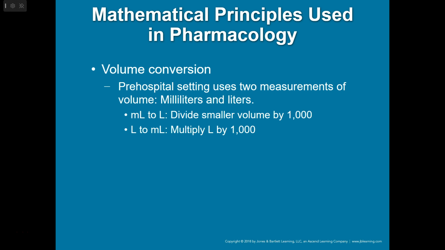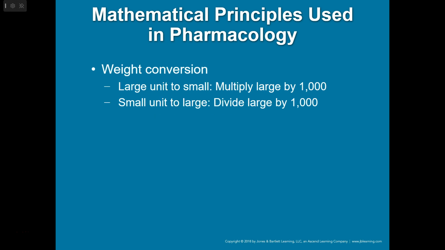If you're converting a liter to a milliliter, multiply the liter by 1,000. So if you've got that big old bag of normal saline, it's 1,000 milliliters. It's also equal to 1 liter. 33.8 ounces, I think. But in EMS, all the medicals, we use milliliters and liters.